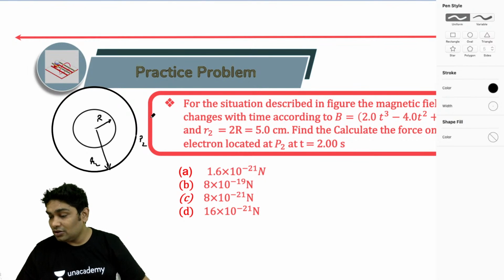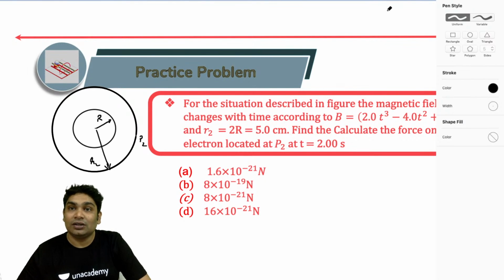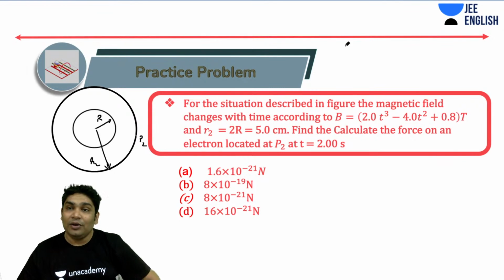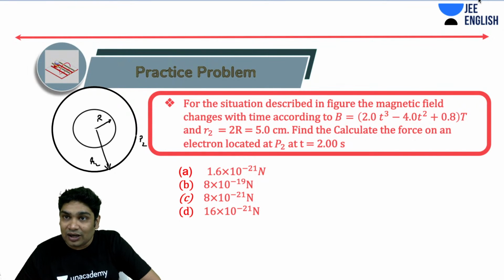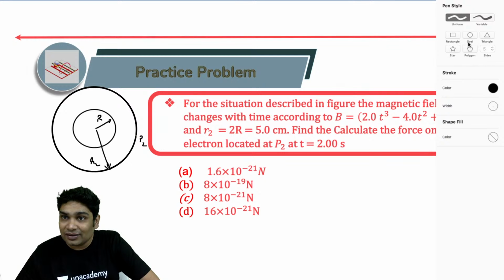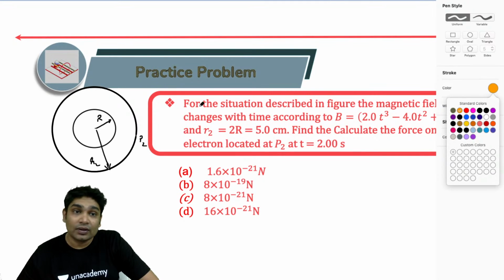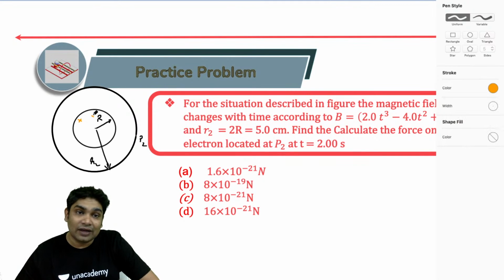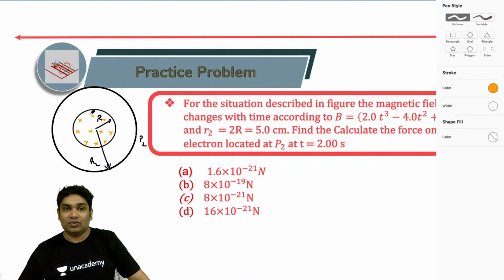This is a question for you. How do you solve this? By now you should have realized how the induced electric field lines are calculated. If you know how to calculate them, then you can find this. So here is what you've been given.